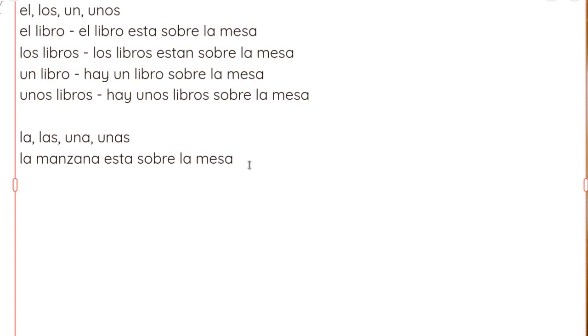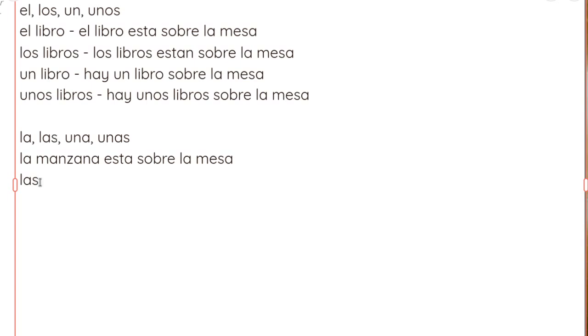Next, las. For las, it doesn't change. You just take the S, right? In el here, it changes. It doesn't say elos. It's el y los. For feminine, it's las.